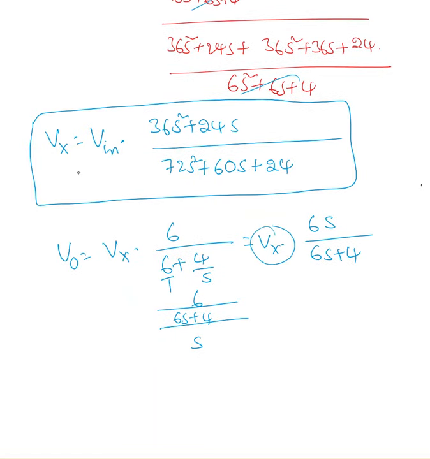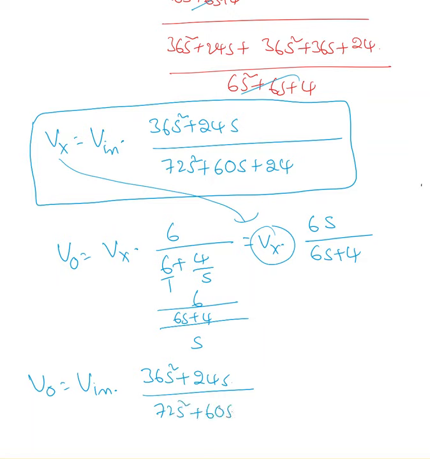Now I'm going to substitute this Vx right there. So V naught equals Vin times 36s square plus 24s over 72s square plus 60s plus 24, times 6s over 6s plus 4.